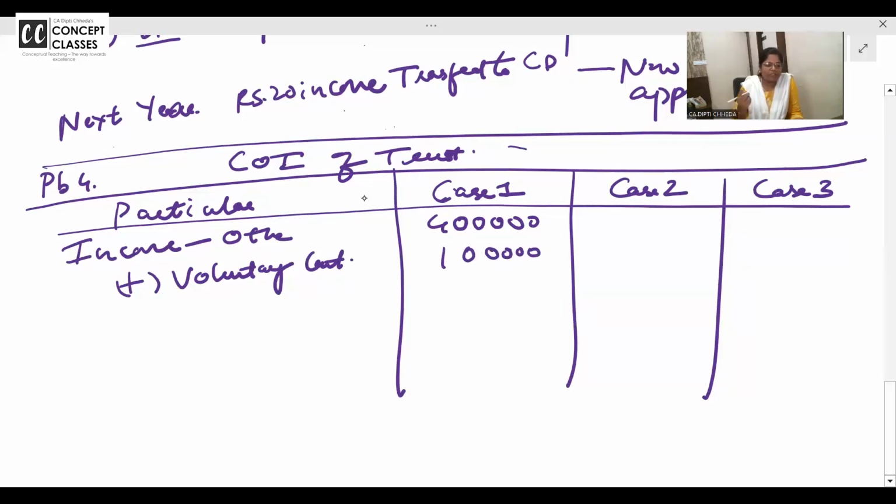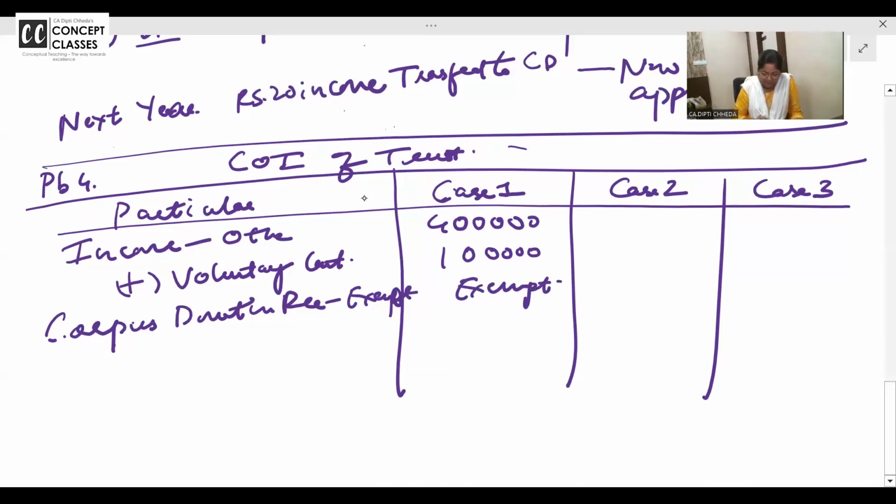Corpus donations exempt hai. You can write and put it blank. Or chalo better hai, we have to write a note. Corpus donation received exempt, and you can write it as exempt.